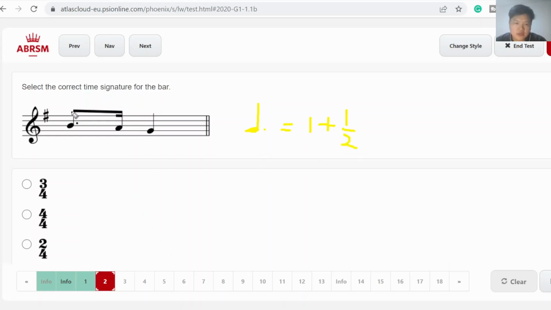But now you've got a quaver, correct? A dotted quaver is actually equal to half plus 1/4, correct, which equals 3/4. So when you get 3/4 plus 1/4, it equals 1. So the whole thing here is 1 plus 1. So your answer is 2/4.